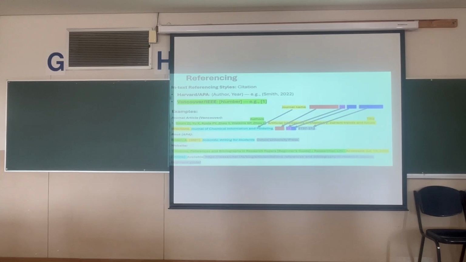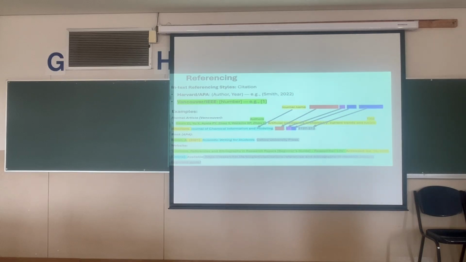What matters is what your supervisor wants. If your supervisor wants you to use IEEE, you have to use IEEE. If they want you to use Harvard, you have to use Harvard, even in papers. Most journals nowadays don't really tell you which style to use. They just say use whichever style you want as long as you are consistent about it.